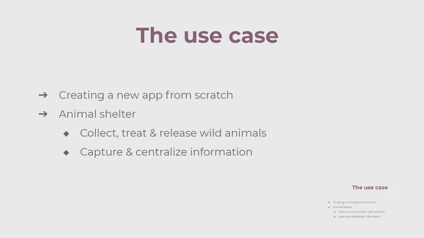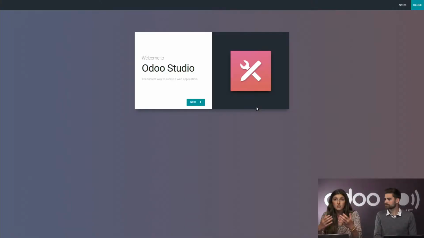So here I'm clicking on the little Studio icon to be able to create a new app. Creating a new app and creating a new model are two different things. The app is really the menu entry that allows us to reach the model, and one app can allow us to reach multiple models. So it's not one app per model, but just a menu entry through which we can reach some models.